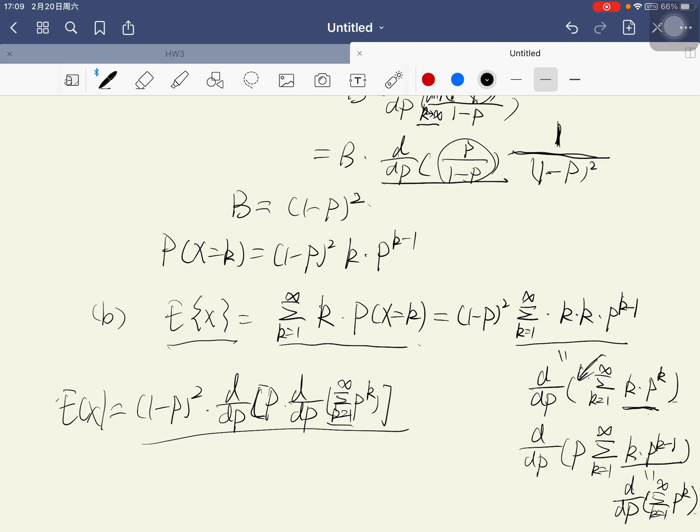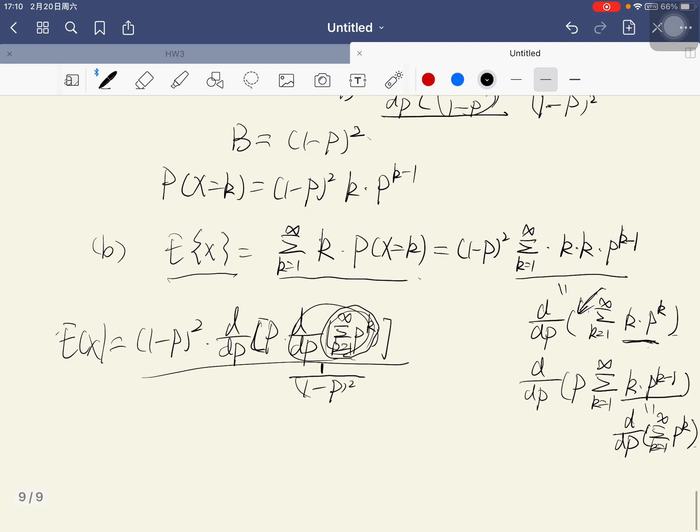So we could use the above value to find that it equals p times 1 over (1 minus p) to the power of 2, where the numerator is 1, and we could also compute this derivative.